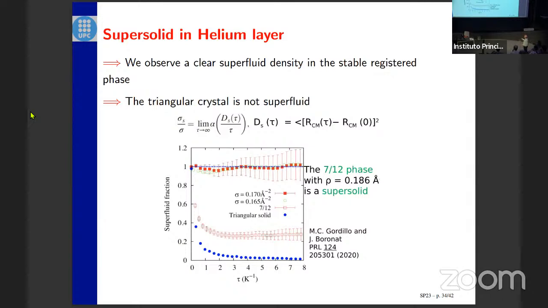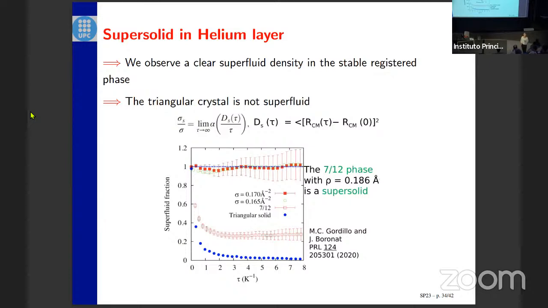One of them is the 7/12, which is technical. And we see that in that case, this is the estimator of the superfluid fraction. We observed a non-zero signal, okay? So it means that it is a crystal, so the particles are localized, but they show some small superfluidity.